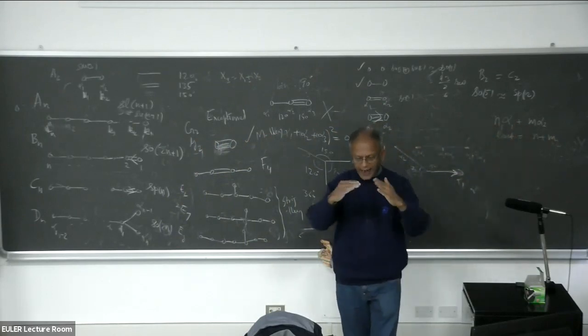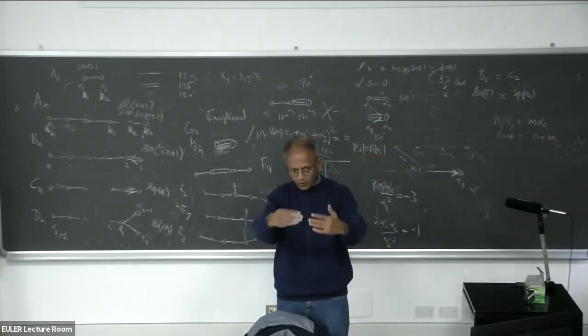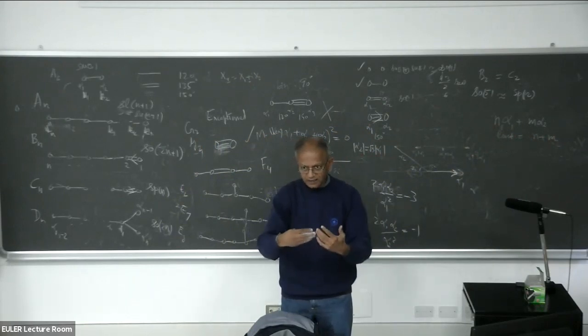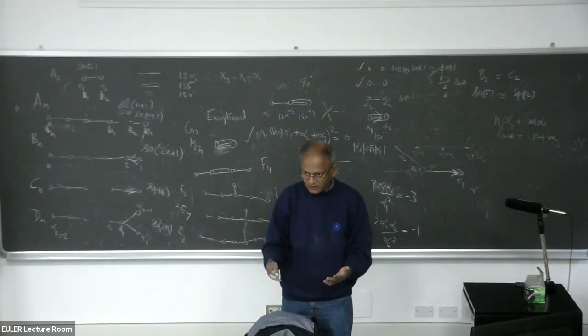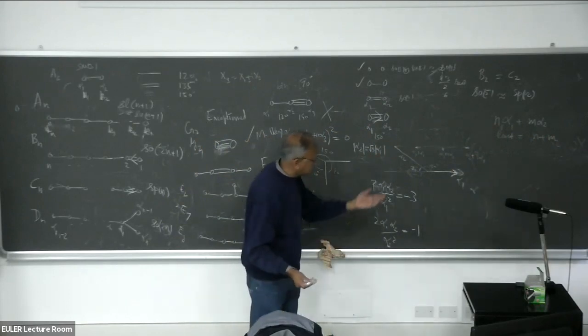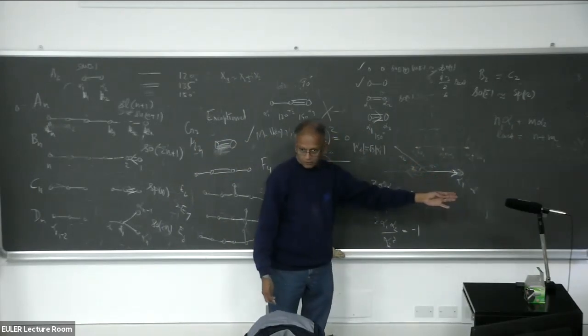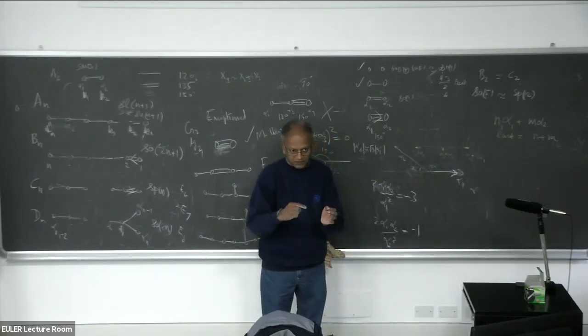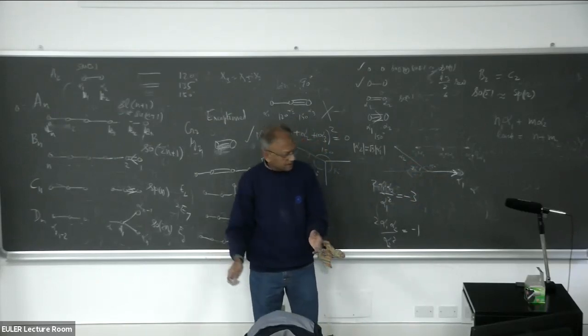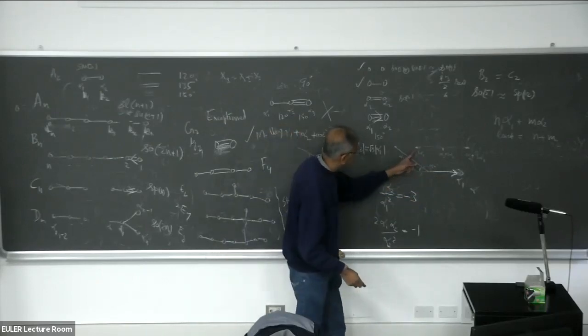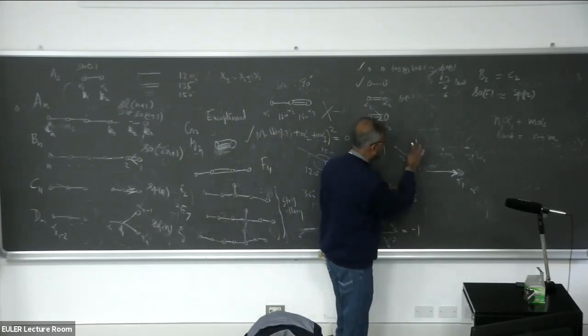And then when you start adding simple roots to get other positive roots, you can associate a notion of level with the positive roots, right? Because any positive root, I can write as a sum of alpha 1 and alpha 2 with some integer coefficients. So now you just add those integer coefficients, and that's the level. So this is level 1, level 2.